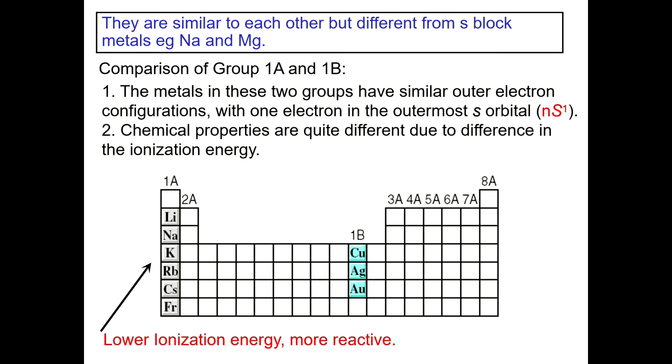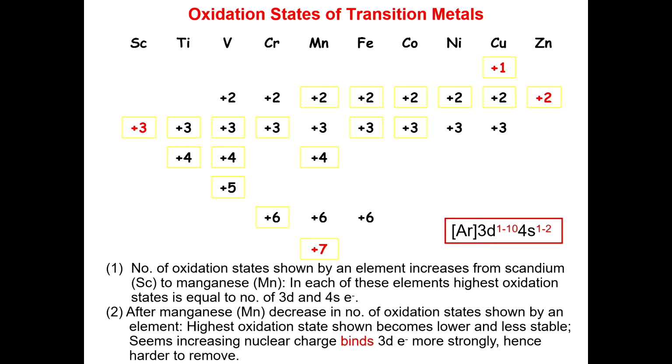And they will also show different chemical properties. This slide shows the oxidation states of the transition metals. From left to right, this one and this one basically only have one kind of charge.